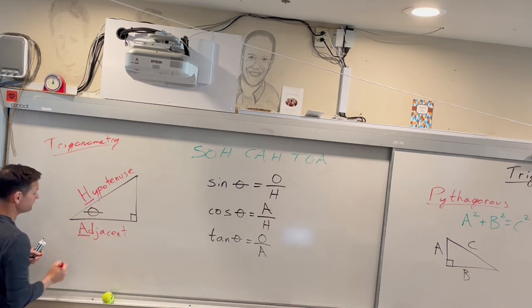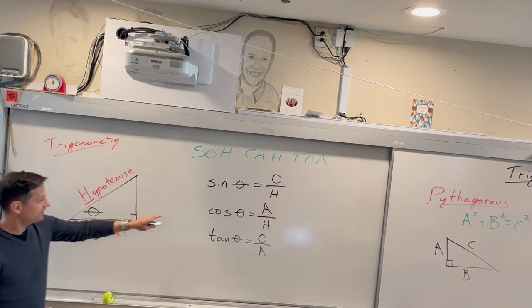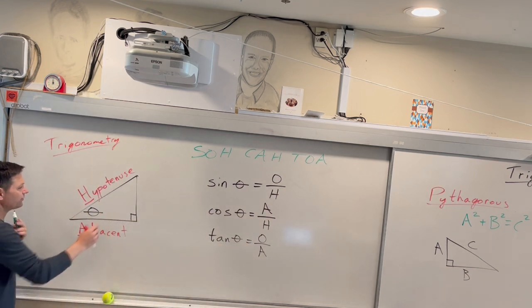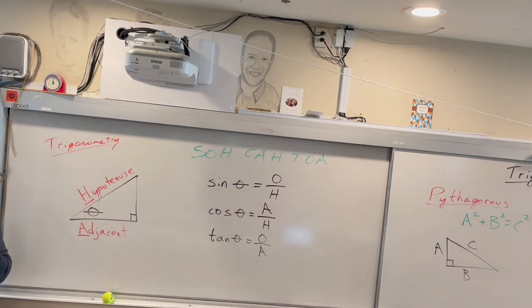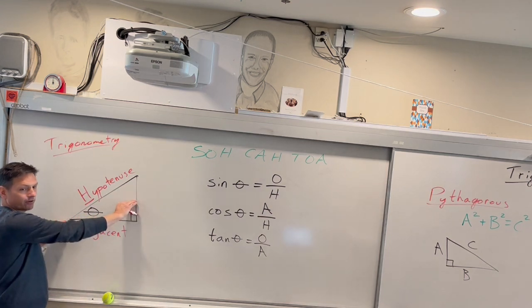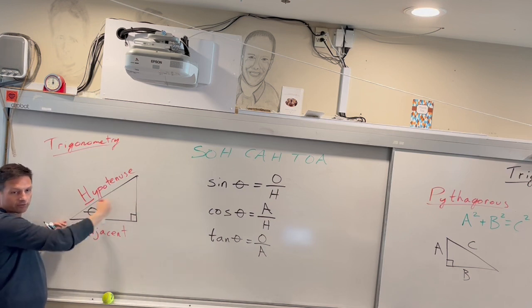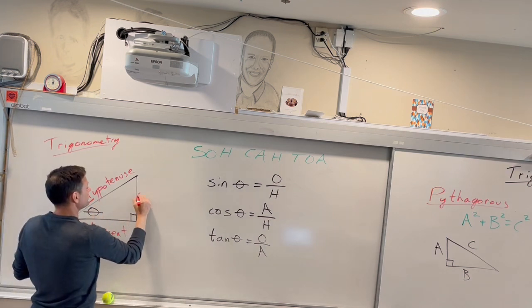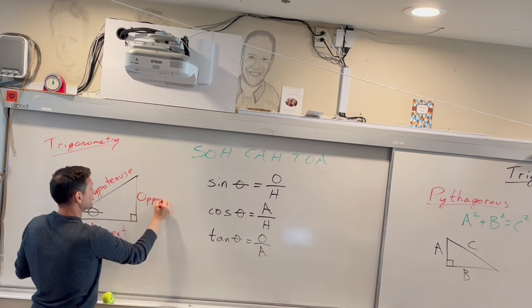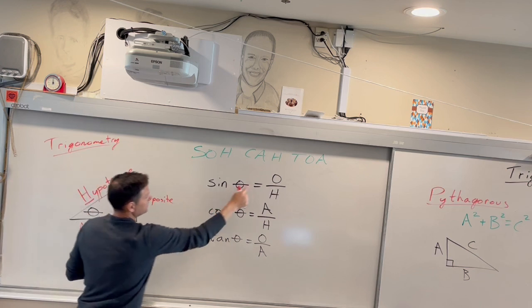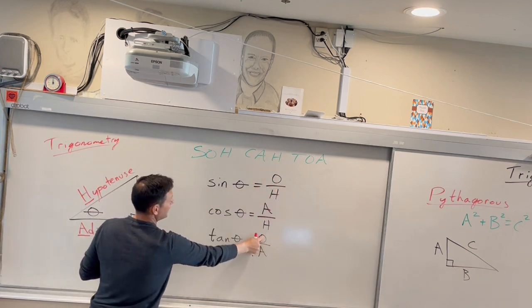So this is the A. So this adjacent side is this A and that A. Okay, and so then what's the last side called? Opposite. Yeah. This is across the triangle from our angle. So it's kind of on the opposite side of the triangle from our angle. So this is the opposite side, and that O is this O and that O.